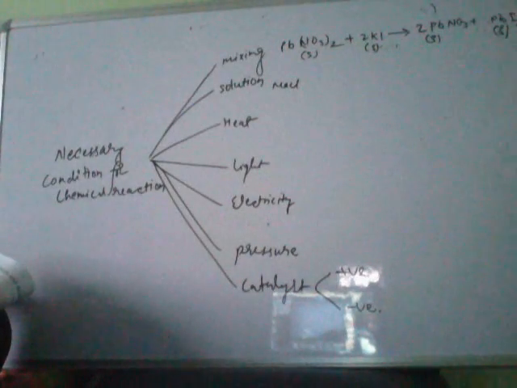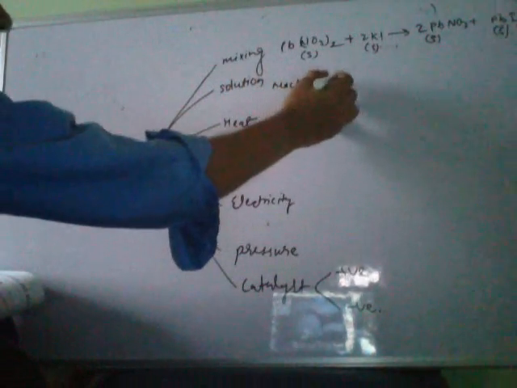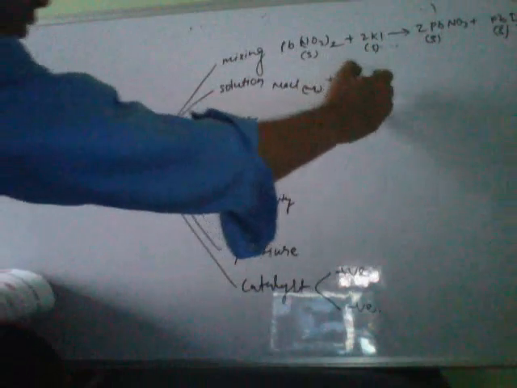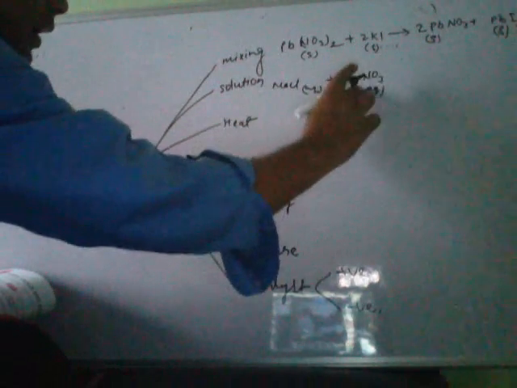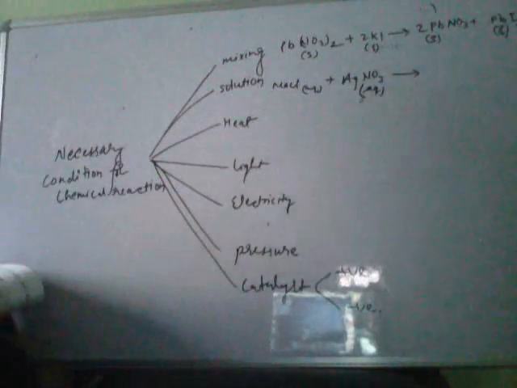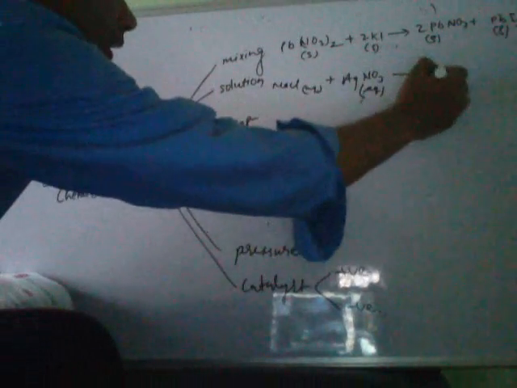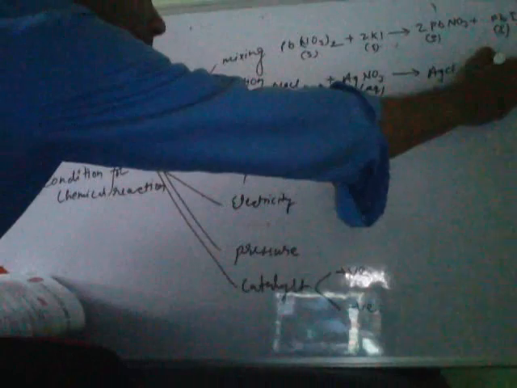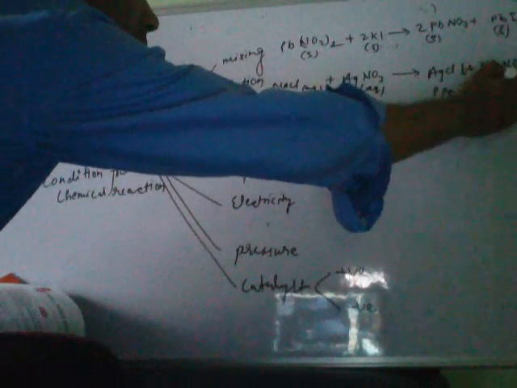When you take this example, that is the solution, so I am taking aqueous NaCl, again treating this NaCl with AgNO3, which is again aqueous, and this will give rise to AgCl, that is white precipitate, and it will give NaNO3, which is also aqueous.